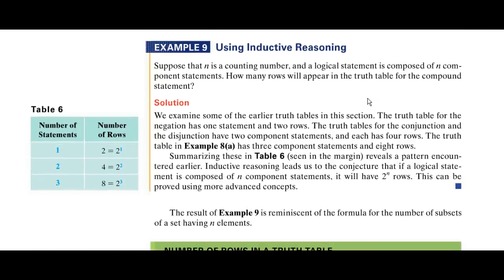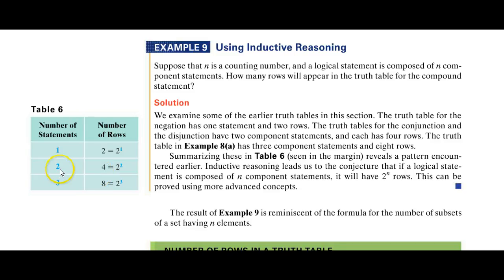All right, let's go on to example 9, using inductive reasoning. We worked on this a little earlier, but if you read through this, it comes up with the little chart right here that gives you, if you have one statement, you're going to have 2 rows.